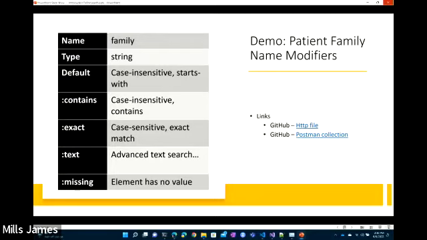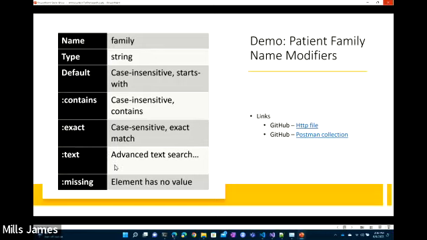This one I do want to dive into a little bit more. Here, this is the patient family name modifiers, and these are string types. The default, as we said, was case insensitive, starts with or equals. Then there's a contains, which is a case insensitive contains match. You can do :exact, so then it's an exact match, case sensitive and matches exactly.